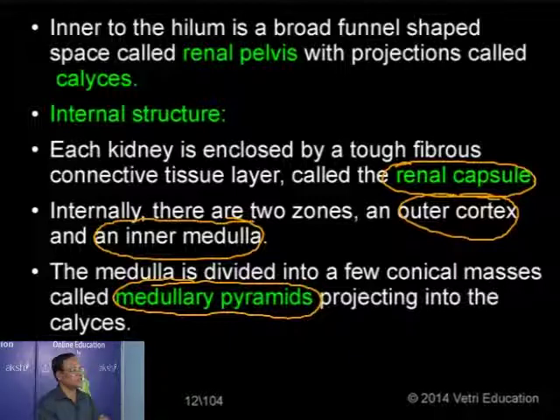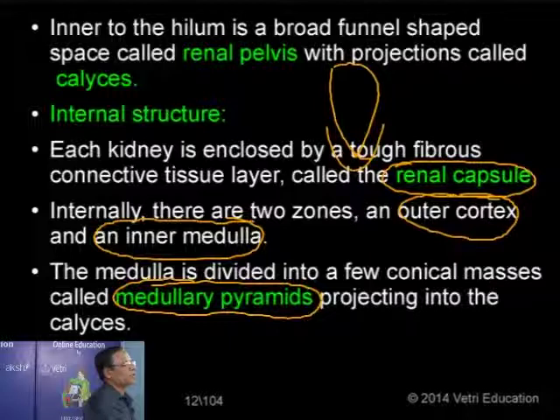The medullary pyramids are more or less conical in shape. They project into the funnel-shaped cavity called the calyces. You'll see in the picture. So we have outer cortex and inner medulla. The medullary tissues are arranged in cone-shaped masses, called the medullary pyramids, because they are all more or less cone-shaped or triangular, pyramid-like, and they project into the calyces.